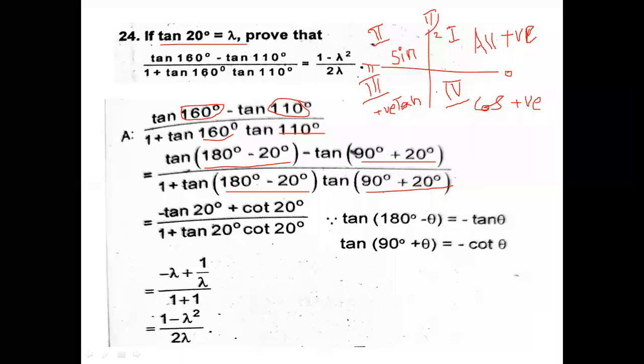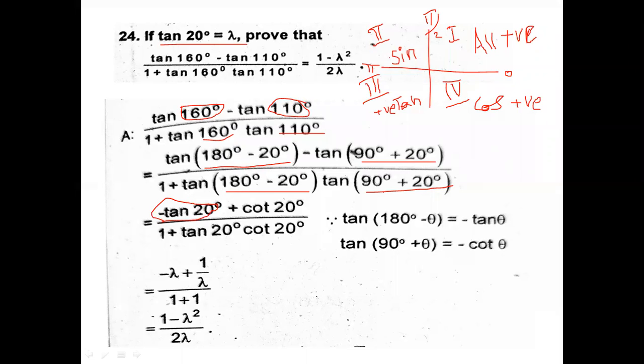So 180 minus 20 means second quadrant. In the second quadrant, tan is negative, because only sine is positive and the rest are negative. So tan (180 minus 20) will be minus tan 20.